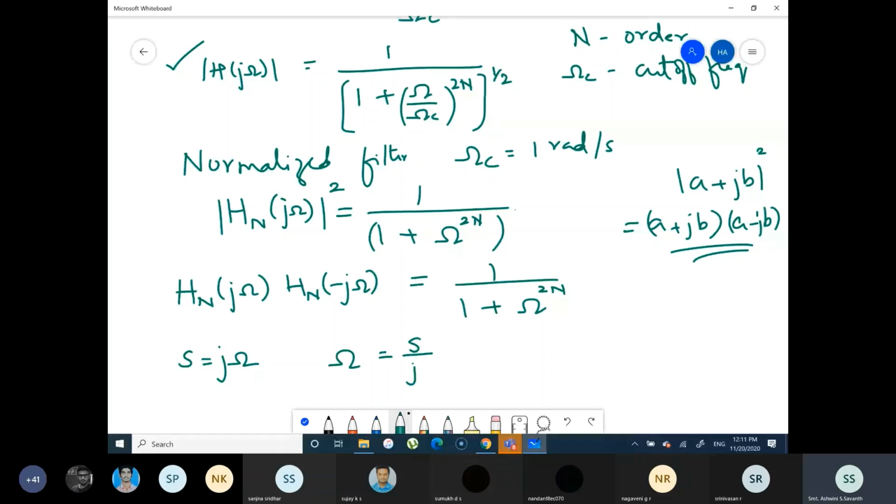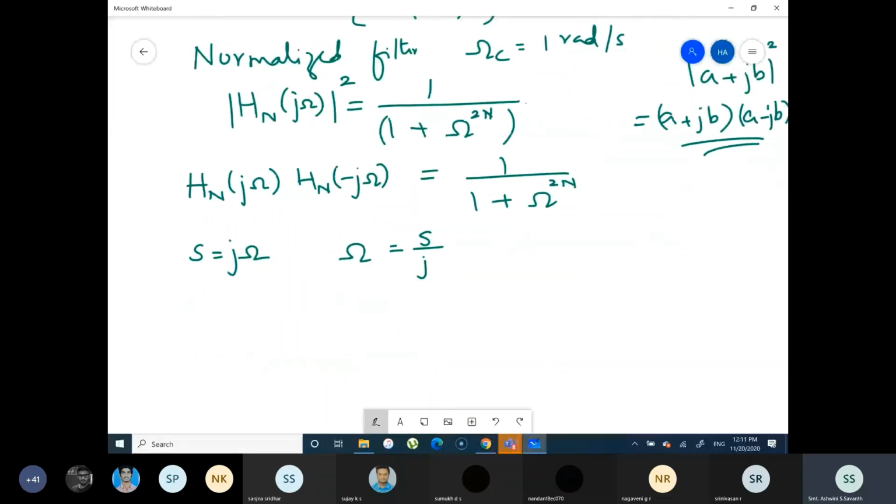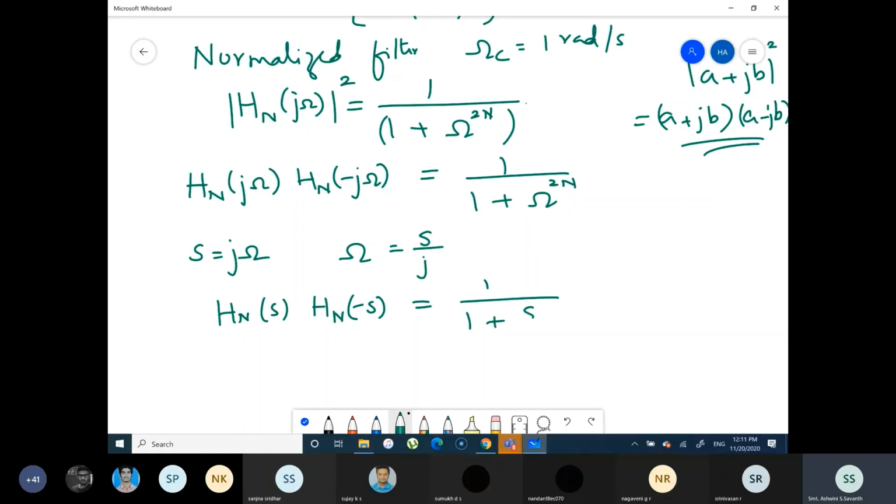Omega is s by j. So let us substitute that here. Hn of s into Hn of minus s equals 1 by 1 plus (s by j) to the power 2n. So that is the transfer function.